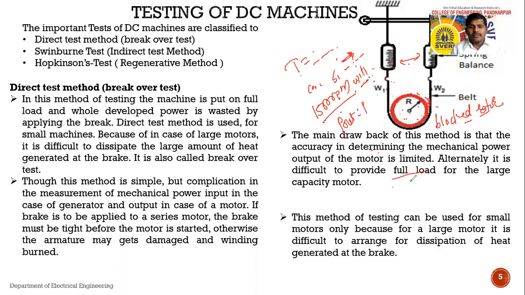So we are not able to dissipate that amount of heat. So this method cannot be used for a large motor. We generally do not use this test for large motors. We are generally using this test for a small motor, or a small machine.